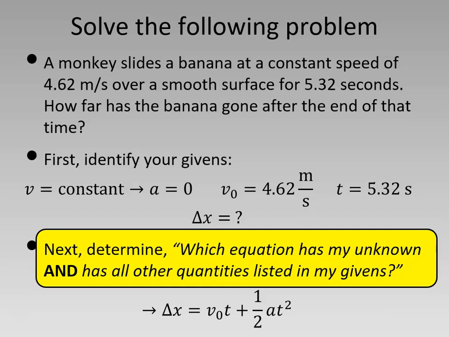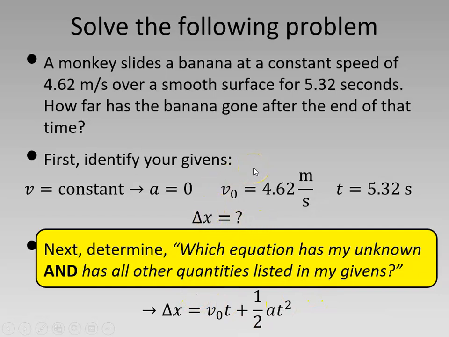The reason this is the easiest one here is because the acceleration is 0, so we can immediately eliminate the 1/2 at squared part. Now another equation that would work would be the right side of the v average equation. Delta x over delta t equals v naught plus v over 2. Well, if the velocity is constant, v naught and v are the same, so v naught plus v over 2 is just v naught, because v naught plus v would just be 2v naught, so the 2's cancel. So, either way, we end up coming to this.